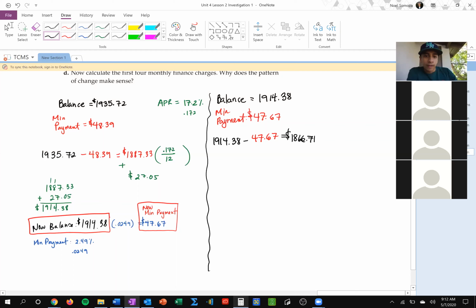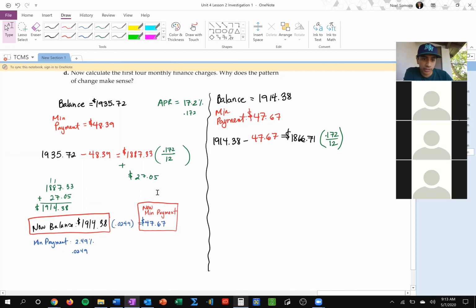Now this is something that interest is going to be accruing on. So we have to multiply by the rate, which is 0.172, but because it's monthly, we divide that by 12. We multiply by that monthly rate to find out how much interest is going to be charged this month.